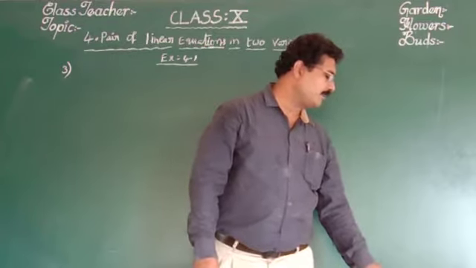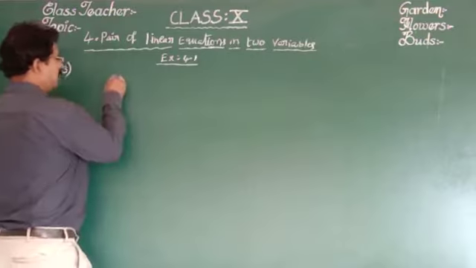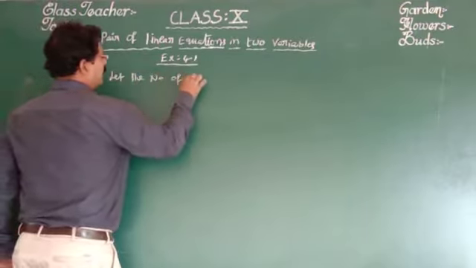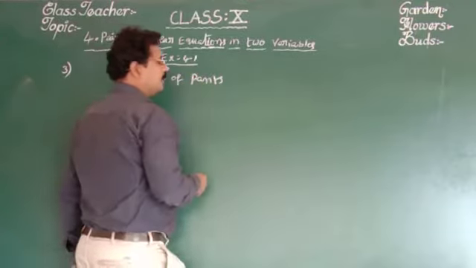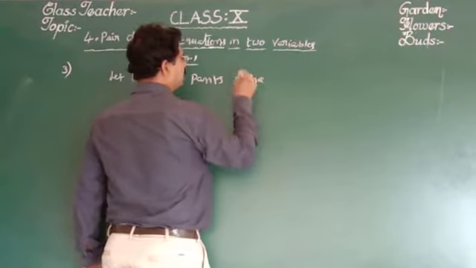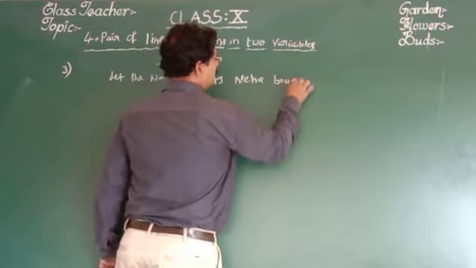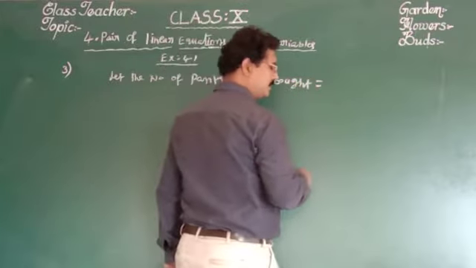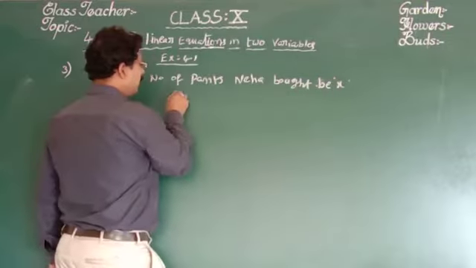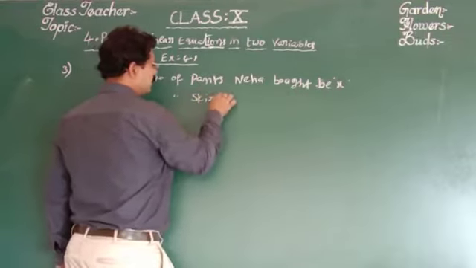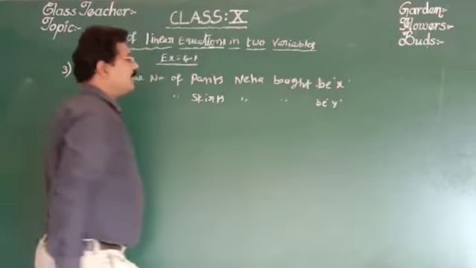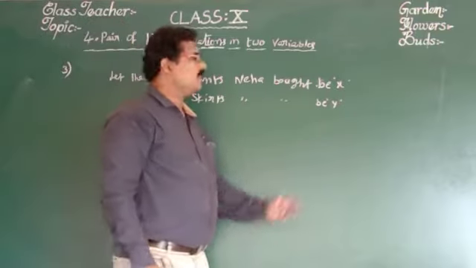Let the number of pants Neha bought be x, and the number of skirts that Neha bought be y.